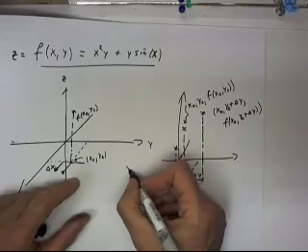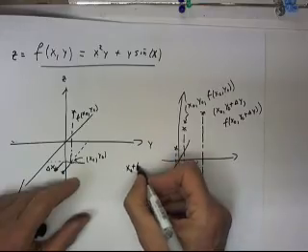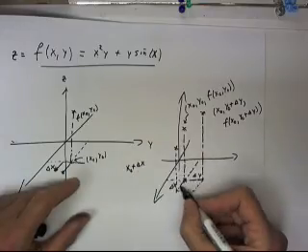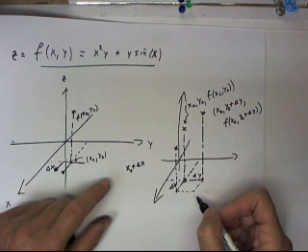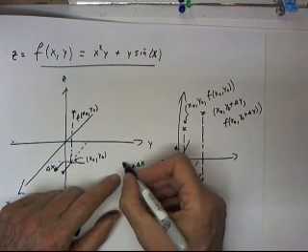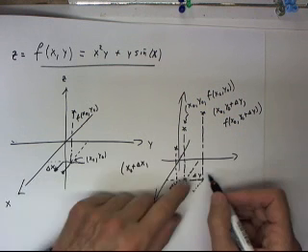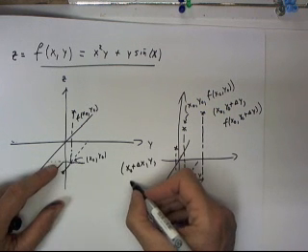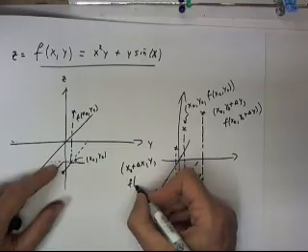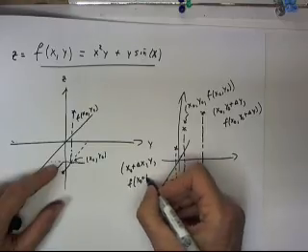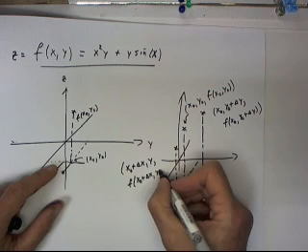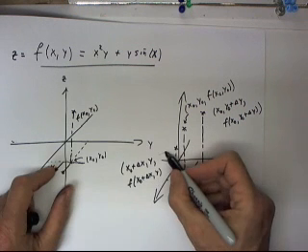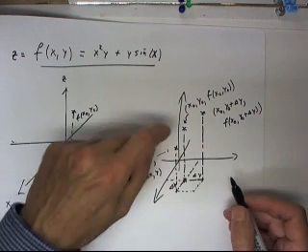When we moved delta x from the x naught, y naught point, we ended up at x naught plus delta x. Our y-coordinate hasn't changed, so it's still y, and our function has value f of x naught plus delta x, y. Those are the coordinates of this point.